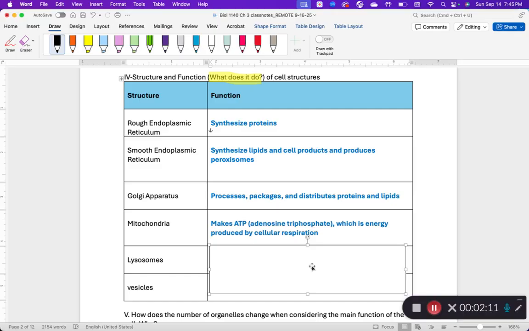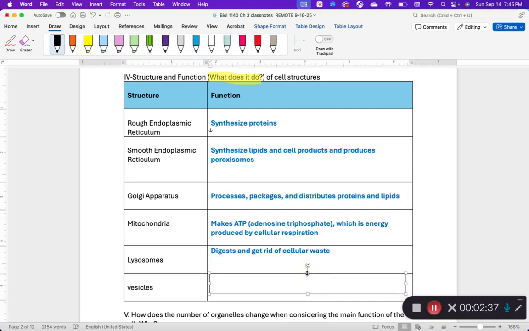We're going to talk later on in the semester about how glucose is a molecule that is used in this process of cellular respiration and broken down into different types of molecules, and then at the end of that process, that energy is used to make ATP. So the mitochondria is responsible for that.